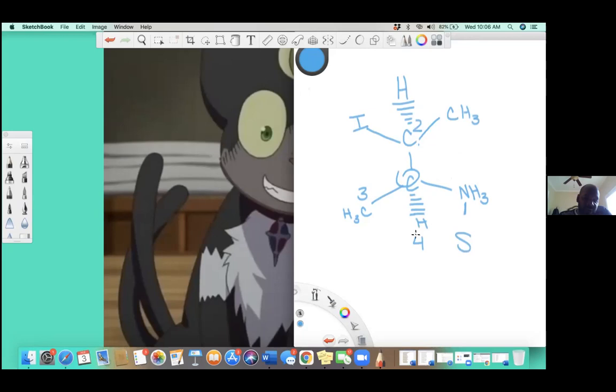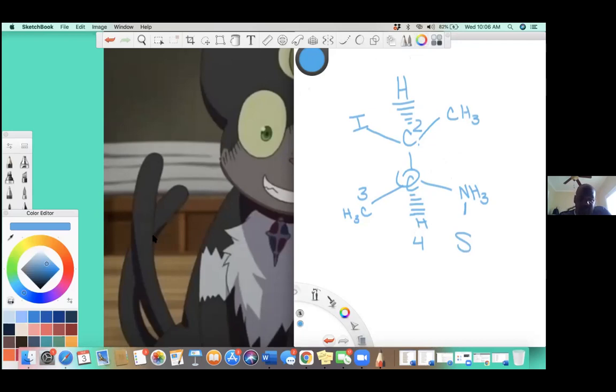If hydrogen were to swap places with the nitrogen, and you just wrote hydrogen on a straight line, just like you have the NH3 written, so that hydrogen is where the NH3 is and NH3 is where the hydrogen is, the configuration is going to change.